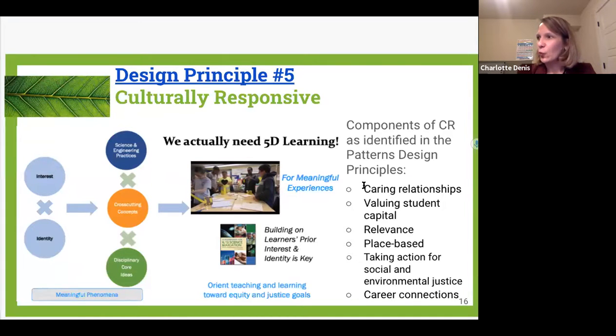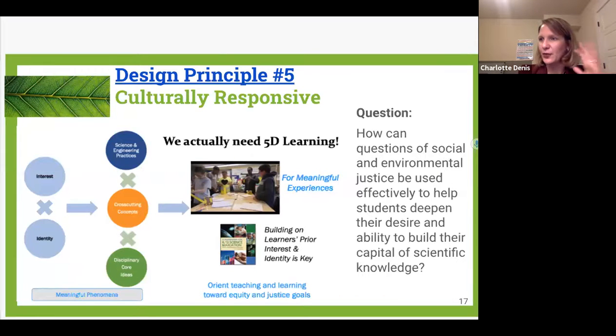So we have identified several components of culturally responsive teaching in the design principles, and you can see them here. But specifically, I want us to think a little bit about how social and environmental justice concepts can help students think more deeply about where their science knowledge is and how they can build from there.